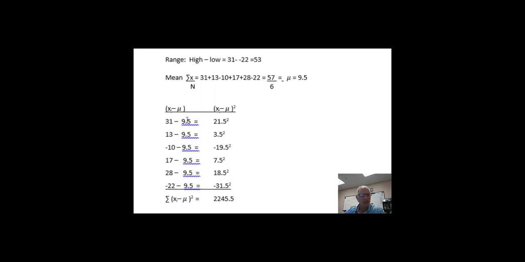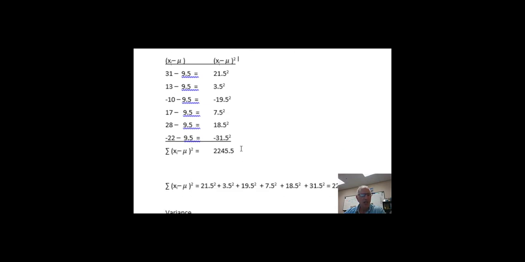List out your observations, list out your mu's, go across, and square the term that you come up with, add it all up, and you'll find for this particular problem, we get 2245.5. So our sum of the squares of the deviations is 2245.5.